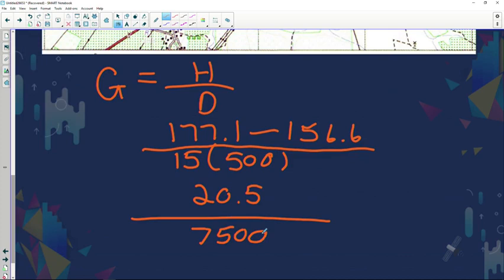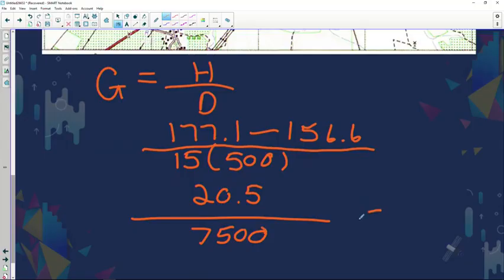Now remember, before the break, we need to get a ratio of 1. To get a ratio of 1 of 150, we divide 150 by 150. Now in this case, we need to get a ratio of 1 because we want to see how many meters we need to travel for the gradient to increase by a single meter. So we say 20.5 divided by 20.5. Simple math. What you do on the top, you need to do on the bottom.